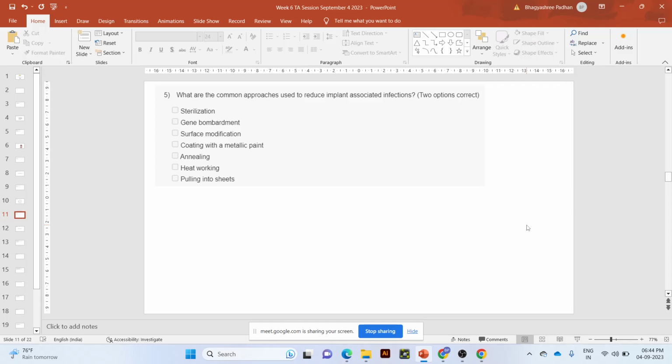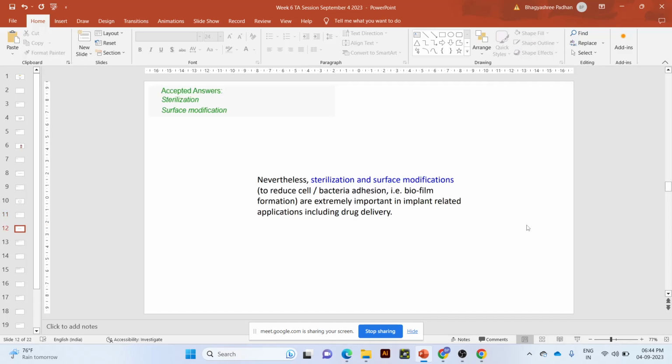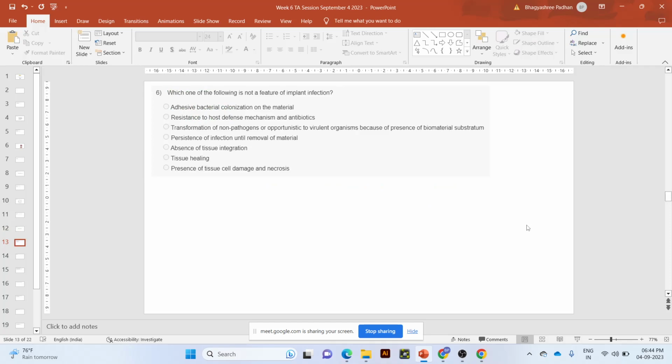Or we can coat the surface with antibiotic or antimicrobial drugs that can release the drugs upon implantation. That can also lead to reducing the implant associated infections. So sterilization and surface modification are the two common approaches for prevention of implant associated infections.